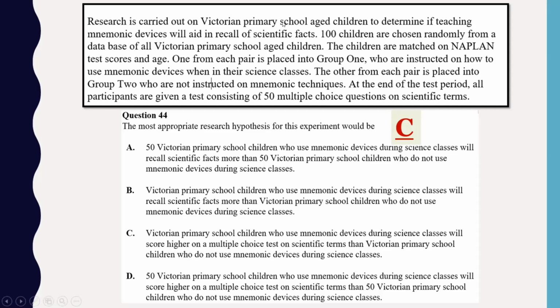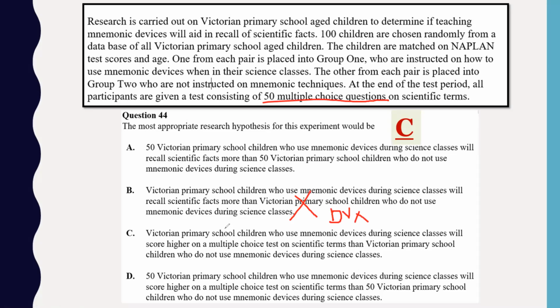That's the way that we were operationalizing the DV, okay? We were testing them on multiple choice questions. Option B doesn't talk anything about multiple choice questions, okay? So that's why it can't be option B because the DV is not operationalized correctly.